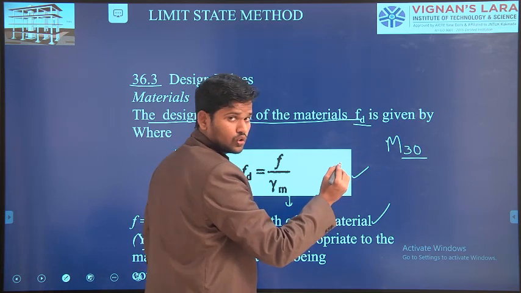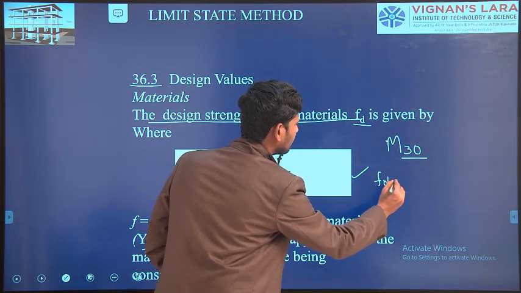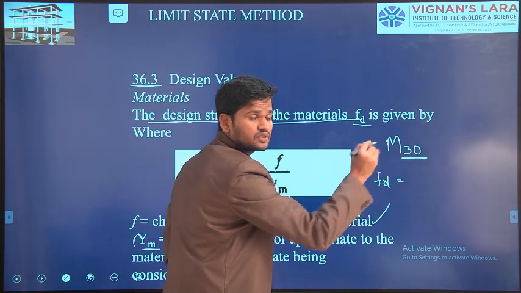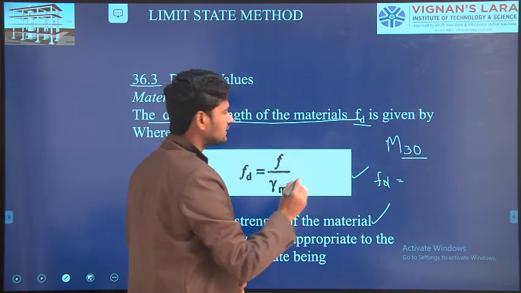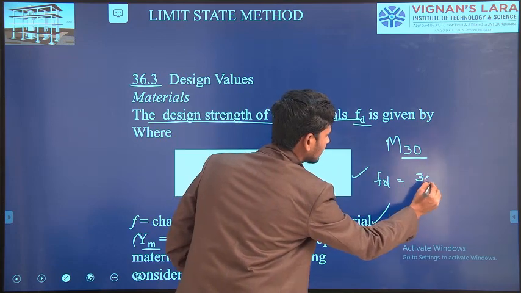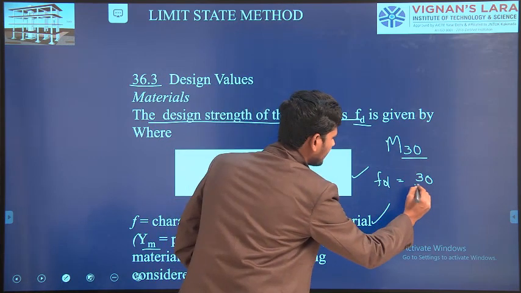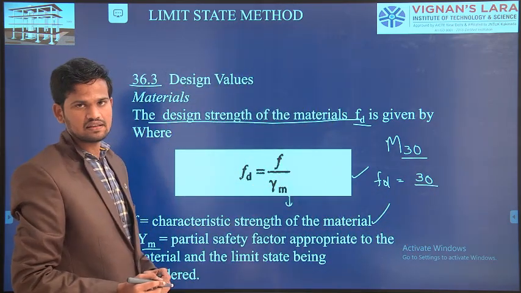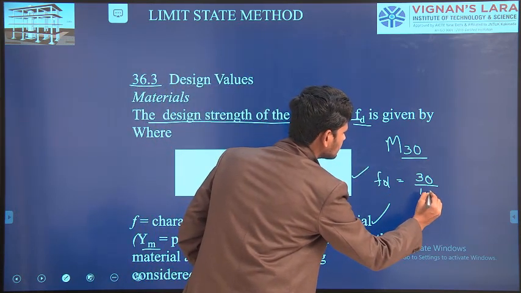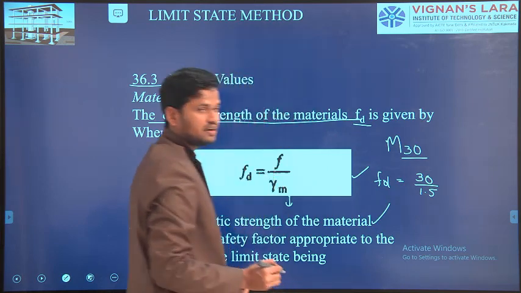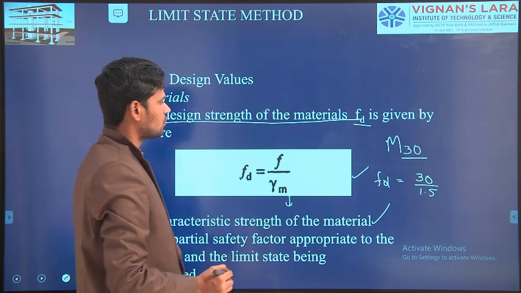That means if you want to design any building, we have to calculate the design strength by taking the characteristic strength with respect to the partial safety factor. Here I am taking the characteristic compressive strength value as 30, divided by gamma m, the partial safety factor. For concrete I am taking the partial safety factor as 1.5.